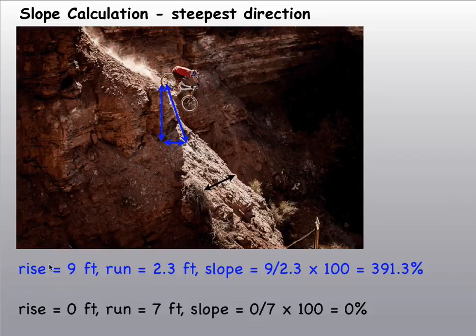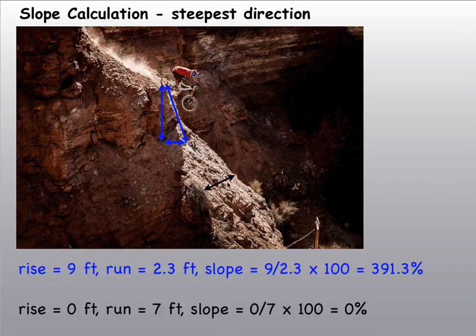Okay, so we also have to be careful in the direction in which we measure the rise or run. So here's two directions. This one is I'm measuring it down here along this point of steepest descent. And here I'm measuring it across the face of this slope. So clearly, if I measure in my steepest direction, it's the same calculation as before, this 391%.